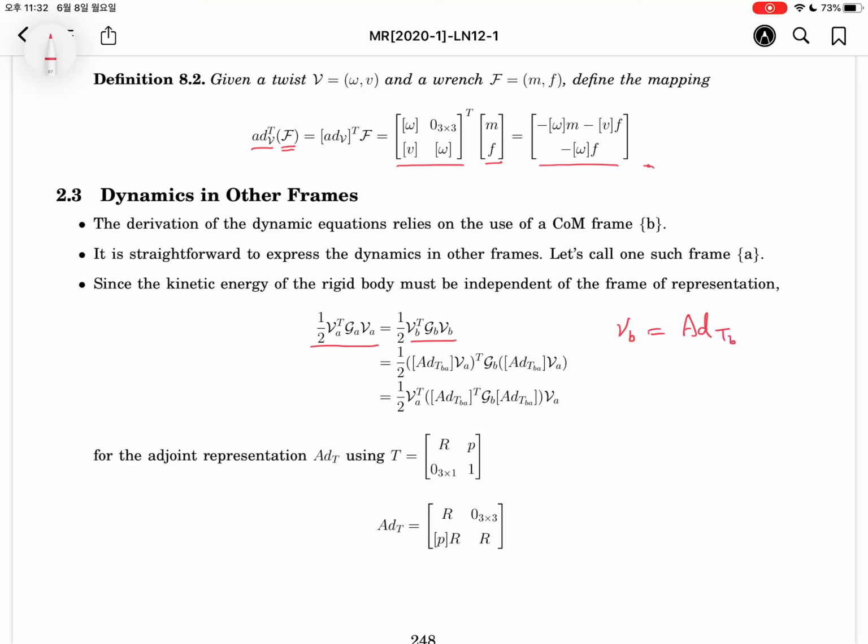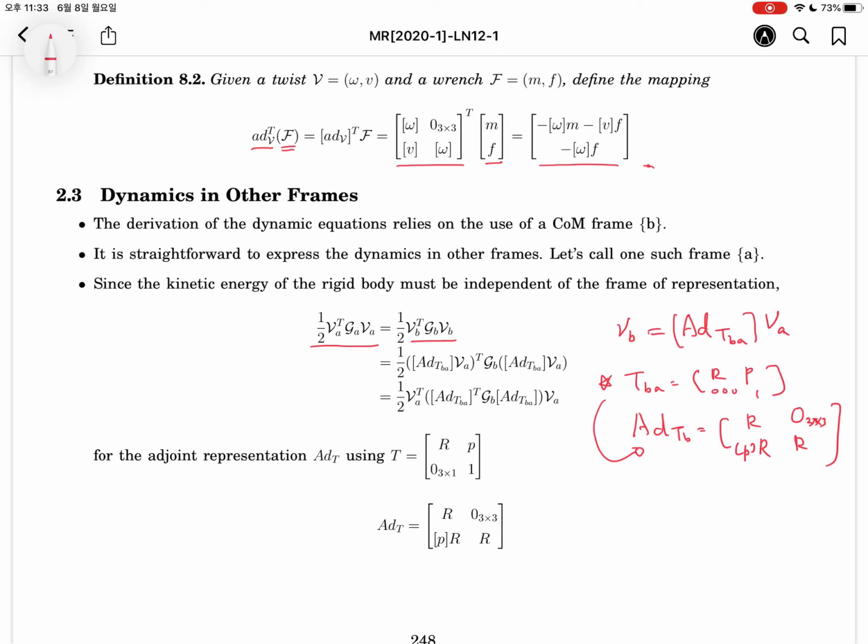Here, TBA and VA can be applied. Okay, if you have TBA as a rotation matrix R and the position vector P, and 0, 0, 0 and 1, that R and P are used to compose the adjoint. The adjoint of TBA will be equal to R, a 3 by 3 zero matrix up here, and P cross R. Okay, if you know the homogeneous transform, then we can write down the adjoint matrix to transform the body twist.